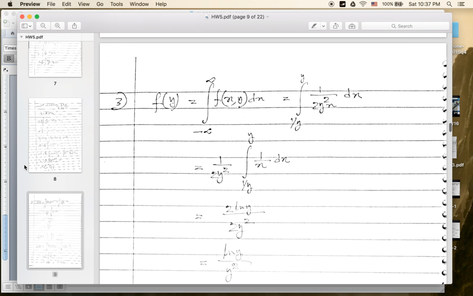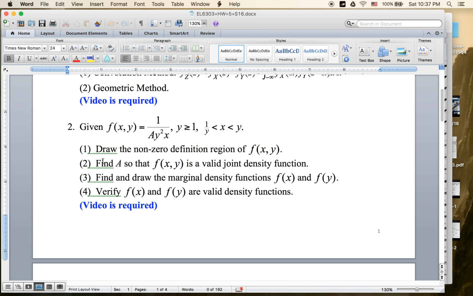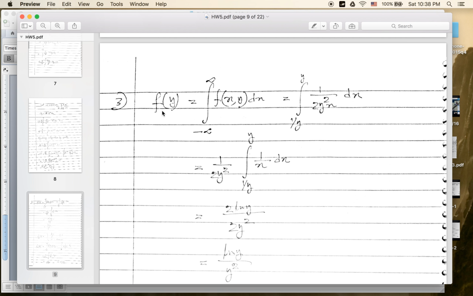Now the third question was, what was the third question? The third question was to find and draw the marginal density functions of fx and fy and verify that fx and fy are valid density functions or not. So how do we find the marginal density function fy?